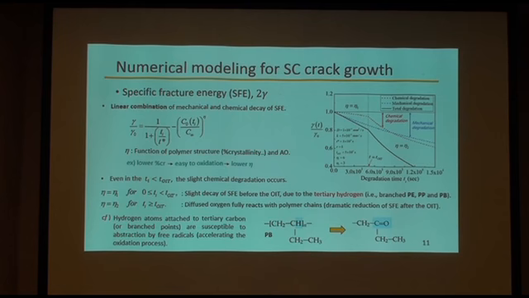So it accelerates the oxidation process. So in this case we must consider the slight degradation before the OIT by the chemical degradation. And after the OIT, the diffused oxygen reacts with the polymer chain, and there is a dramatic reduction of the surface fracture energy.